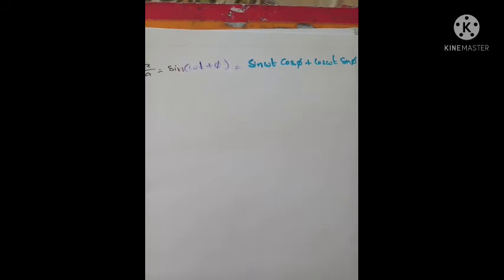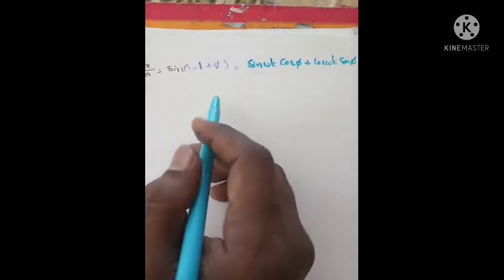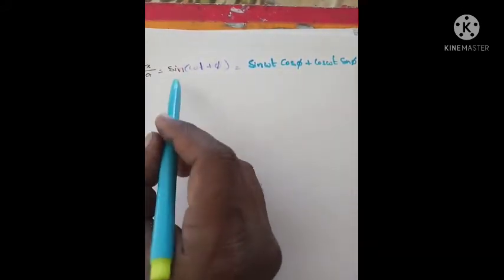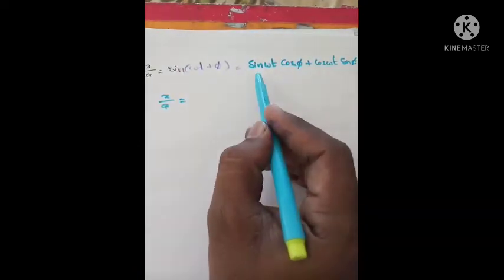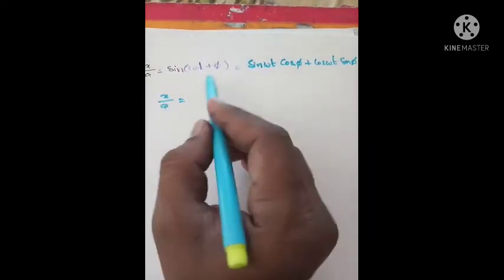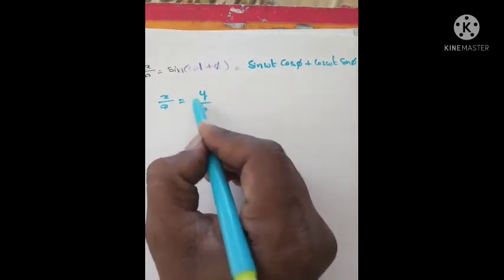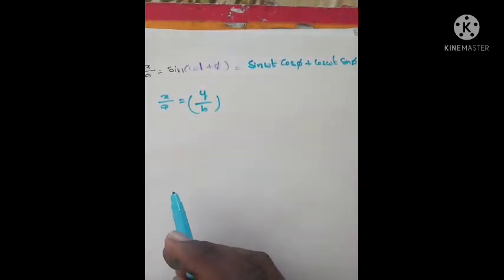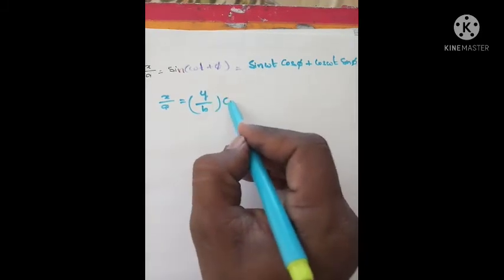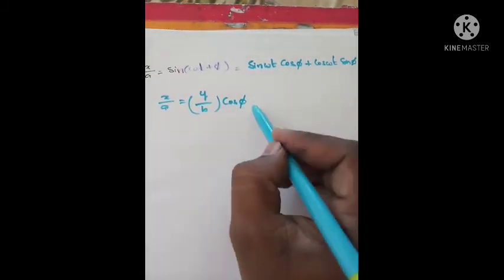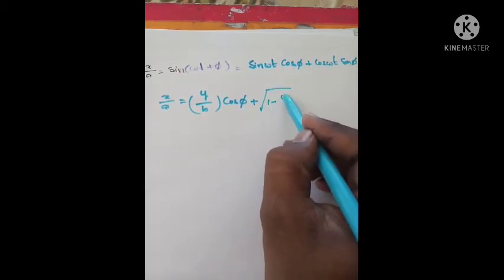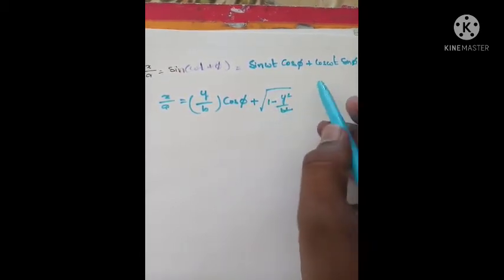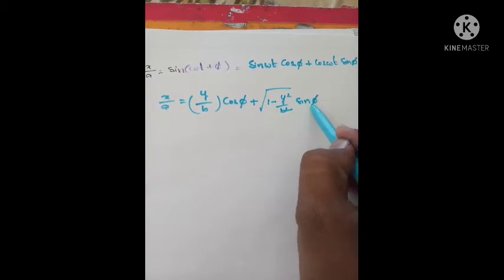So from this equation, x by a equals, we know sine omega t is nothing but y by b, so substitute y by b here. Cos pi remains the same, no change, and plus cos omega t, which is under root 1 minus y square by b square, and the sine pi.